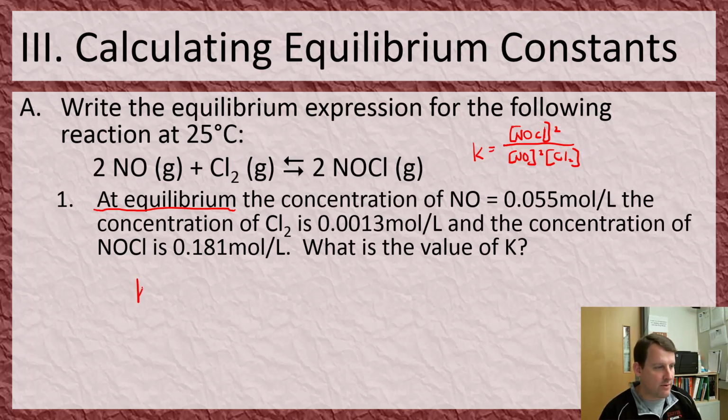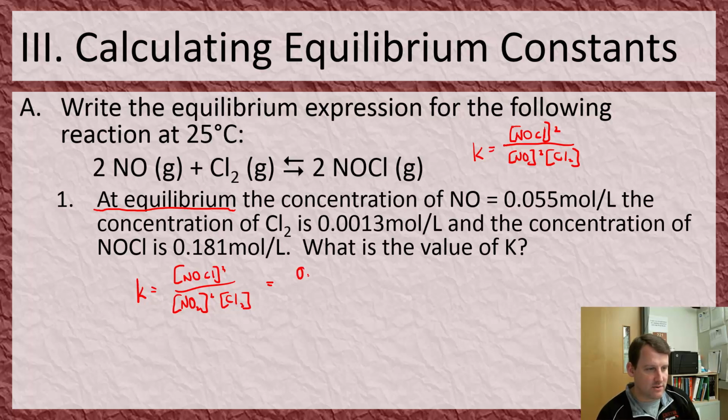So that's our equilibrium expression. So if we come down here, K is equal to the concentration of NOCl squared divided by the concentration of NO squared and Cl2. I know all these concentrations. I can just plug them in to find K. Let's do that real quick. My NOCl is this one.